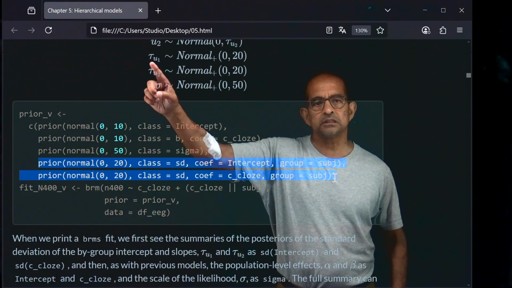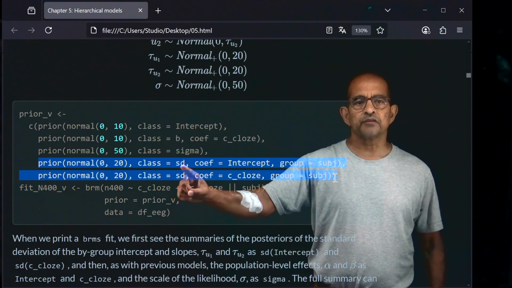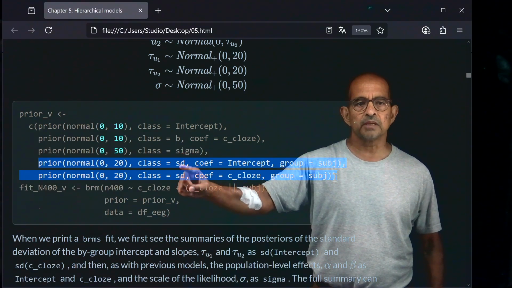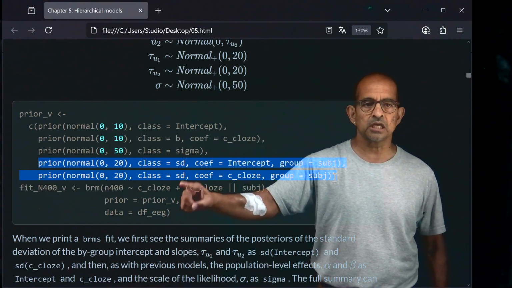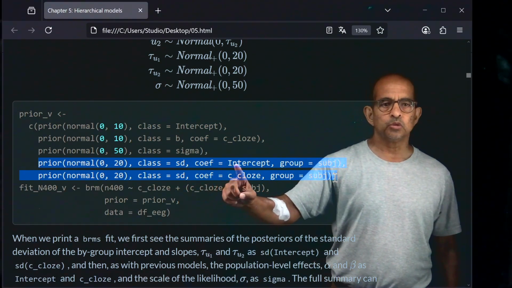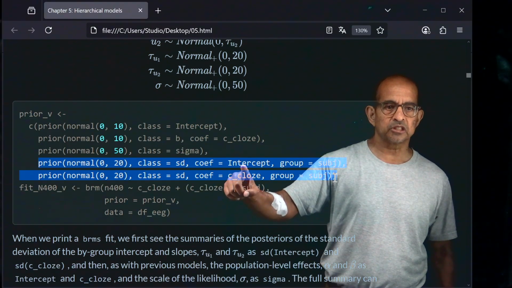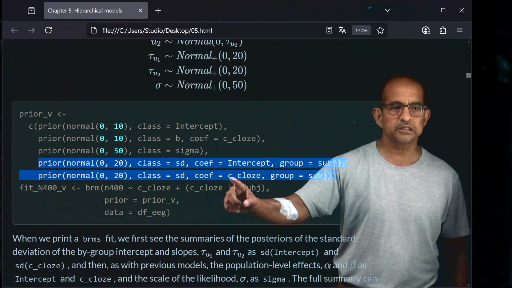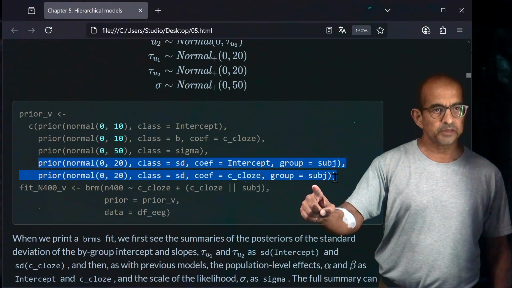So tau u1 and tau u2, right? You have to be careful about distinguishing between sigma and SD. When you're talking about the between participant standard deviations, you will use SD. You can also specify, and of course you should specify, whether you're talking about the intercept adjustments or the slope adjustments, and specify which grouping variable we are talking about here.